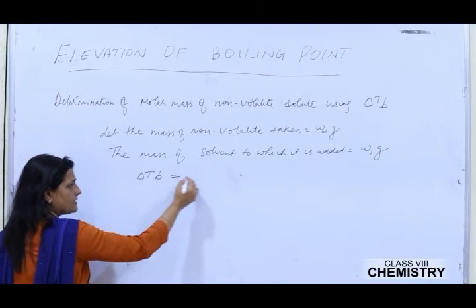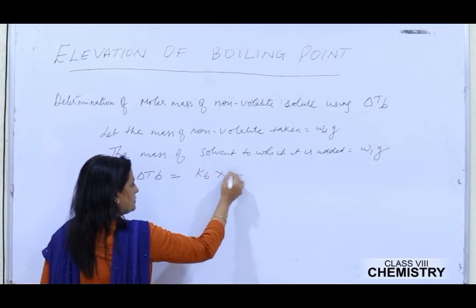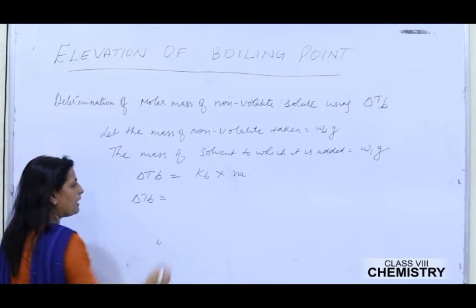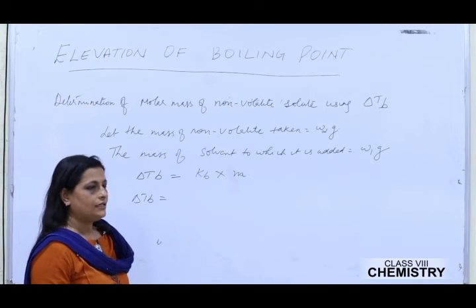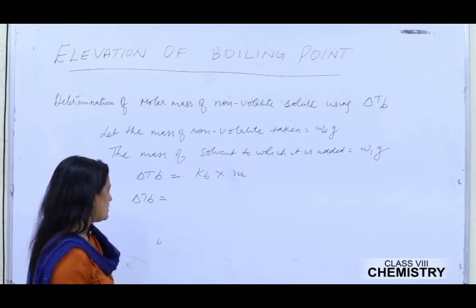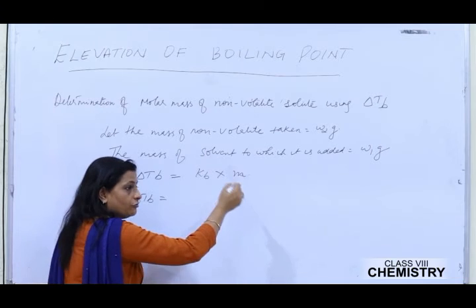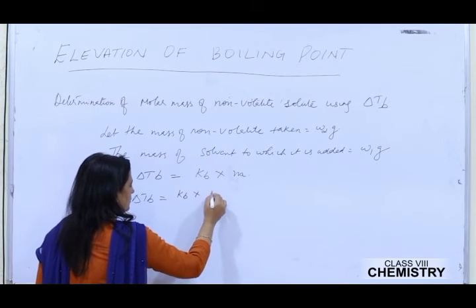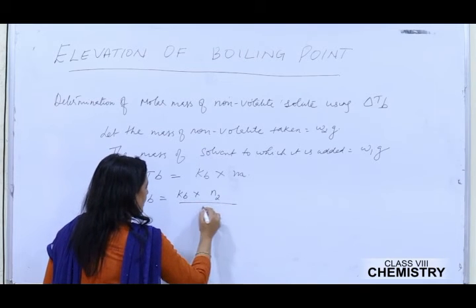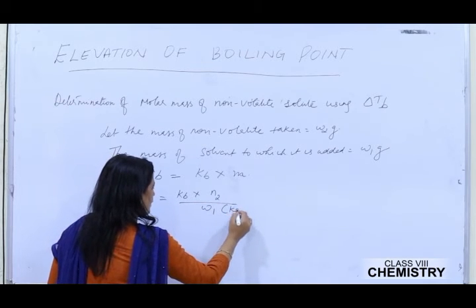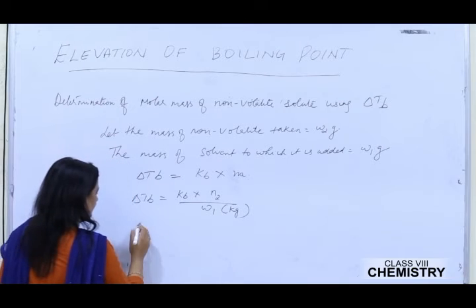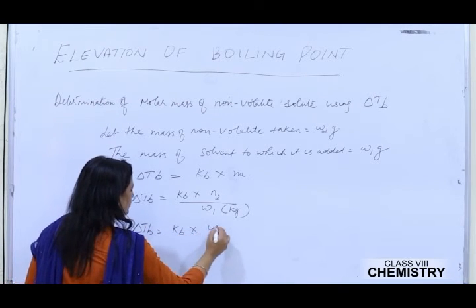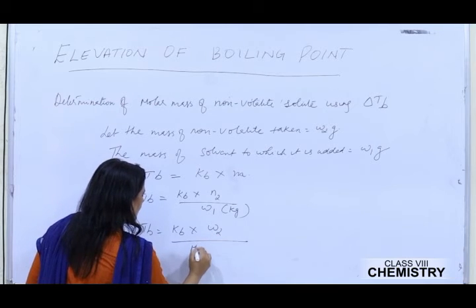Now we know that delta Tb is equal to Kb into m. Then what is molality? It is the number of moles of solute dissolved in a given amount of solvent. So we can write it as Kb into N2 divided by W1 in which unit? Kg. What is N2? N2 is equal to W2 by M2.